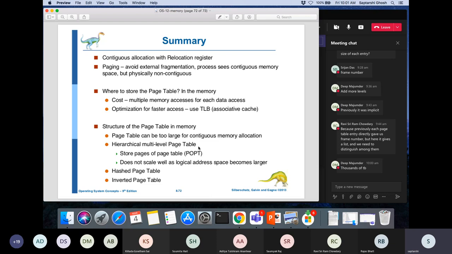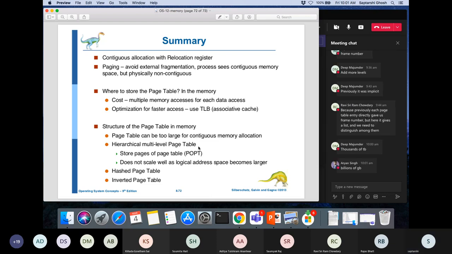Okay, so Deep and Aryan, yes. So 2 to the power 64 is a huge, huge number, right? So how much is 1 GB? 2 to the power, how much? 30, I guess.